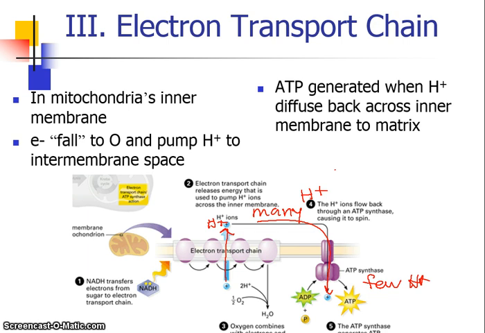Now those electrons have to go somewhere. At the end, they can't just be hanging out in no man's land. So oxygen will combine with H plus ions and those electrons to create water.